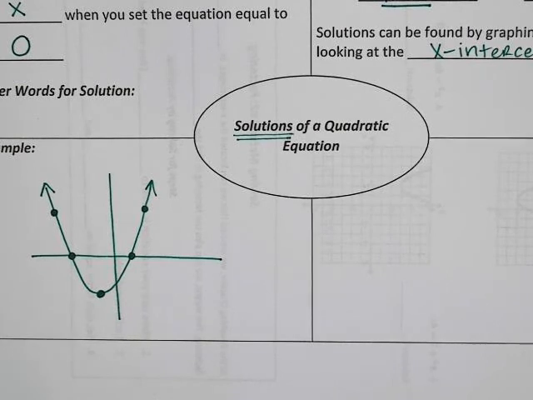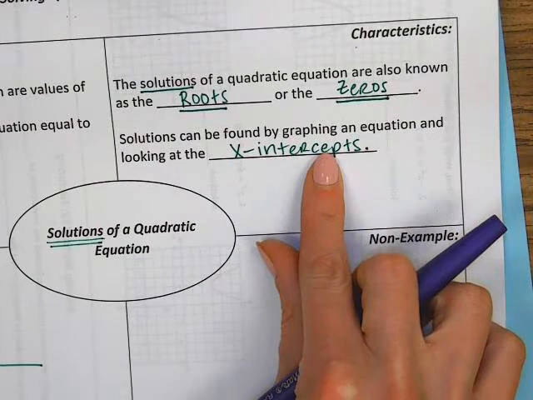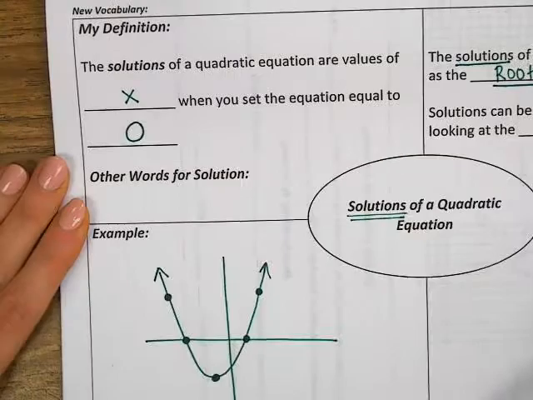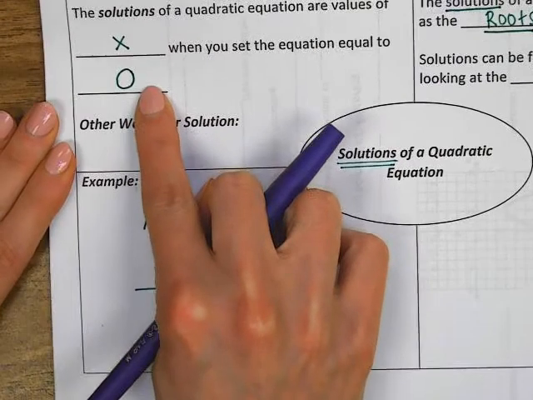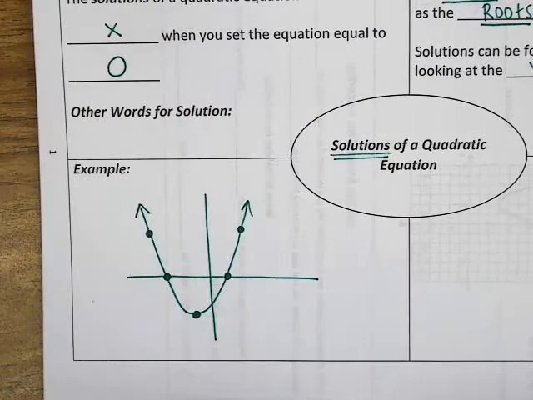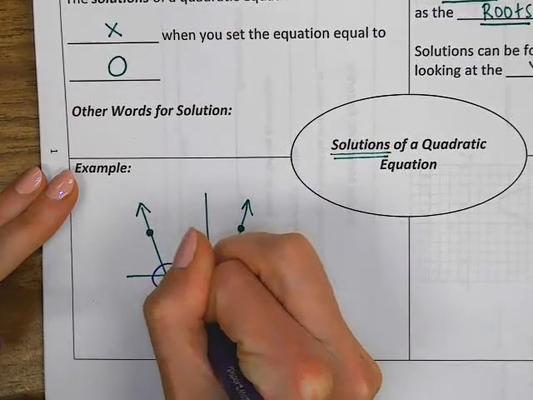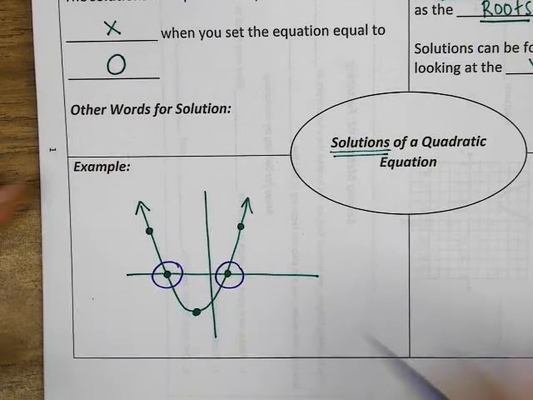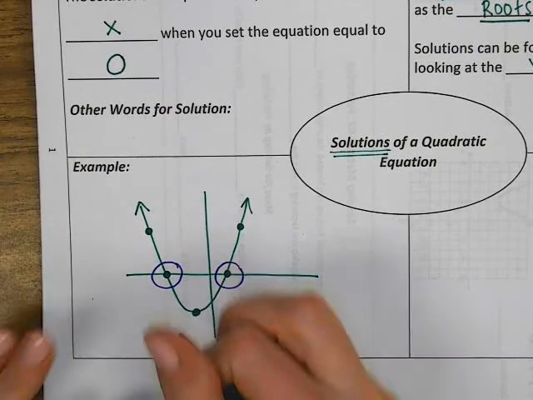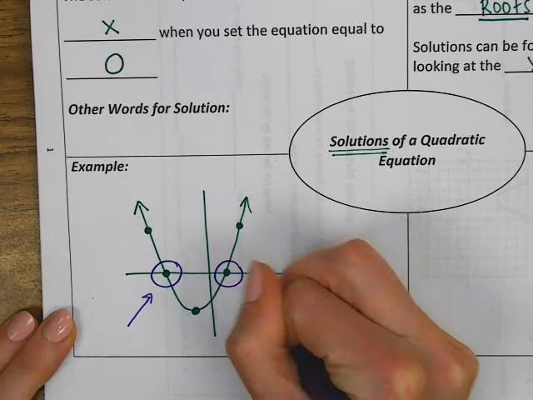Well, the solutions are also known as the x-intercepts, or the value of x when the graph hits 0. So I hope you agree that it's here and here. Those are called the x-intercepts. Those are the solutions.